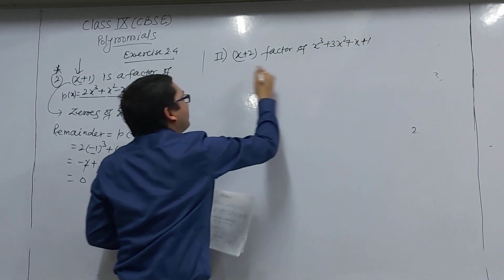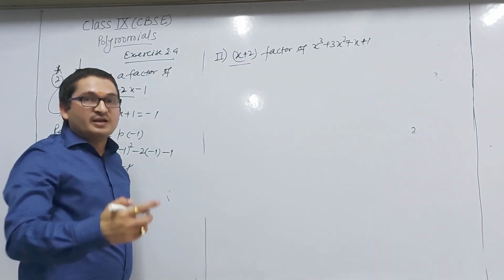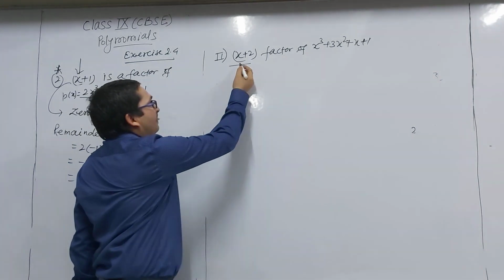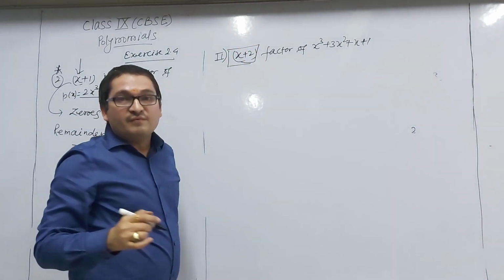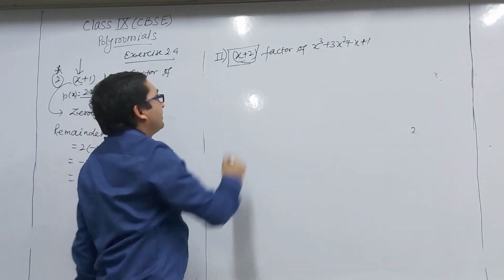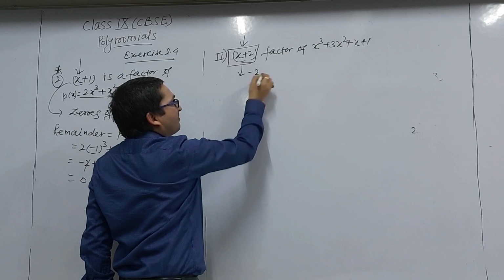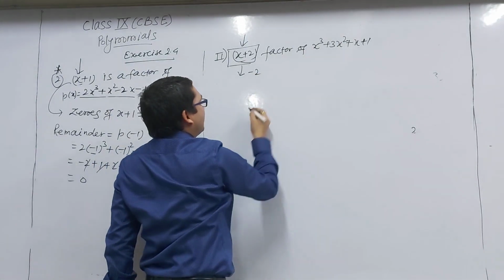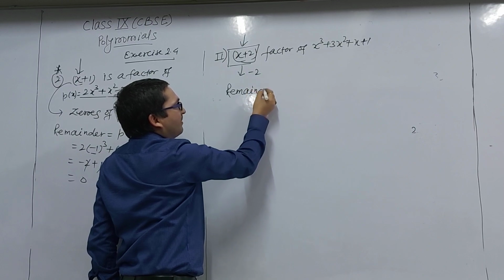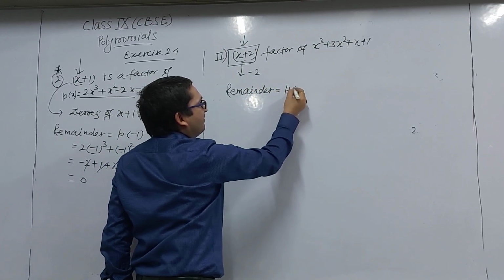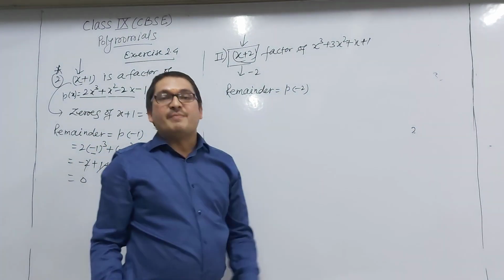We have to check whether x plus 2 is a factor of the given polynomial or not. Again, find the remainder. To find the remainder, we need to find the zero of the divisor. What is the divisor? x plus 2. So the zero of the divisor will be minus 2. This is P(x). So remainder will be equal to P(minus 2). Instead of x, you just have to put minus 2.